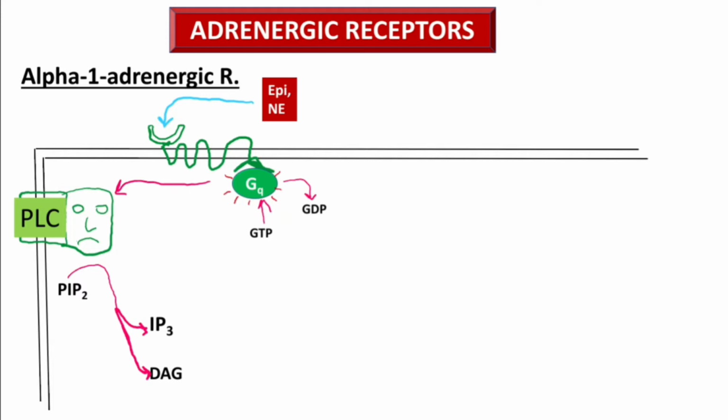Smooth muscles have a sarcoplasmic reticulum, which is equivalent to smooth endoplasmic reticulum in other cells. In the muscle cells, the calcium will combine with calmodulin, forming the calcium calmodulin complex. Let's stop there and talk about DAG.